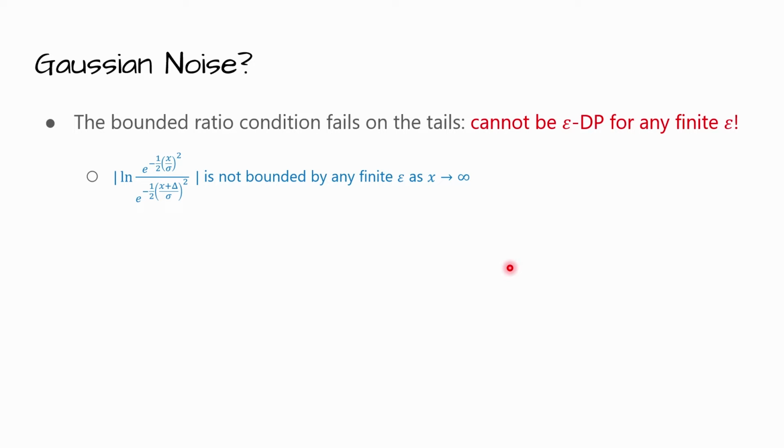And if we add Gaussian noise way out in the tails, we will not have the bounded ratio condition ever. So the absolute value of the ln of these things is not bounded by any finite epsilon as x goes off to infinity. Okay? So there's a technical condition that is failing us here.